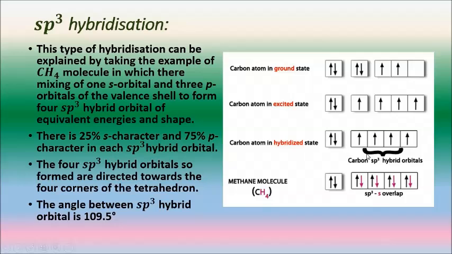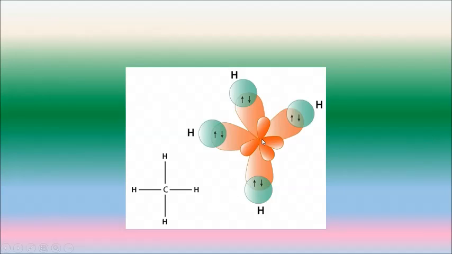We have 4 sp3 hybrid orbitals, and each hybrid orbital overlaps with one s orbital, giving a sigma bond. So the structure of methane is carbon at the center with four C-H sigma bonds. This is the methane molecule where we can explain the sp3 hybridization.